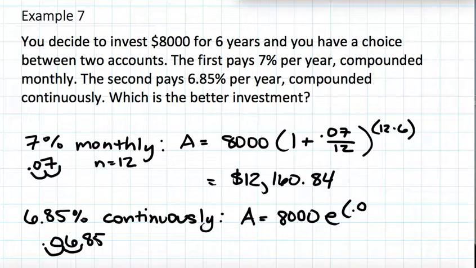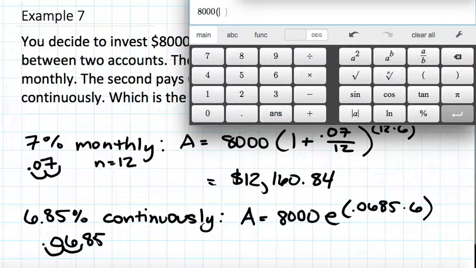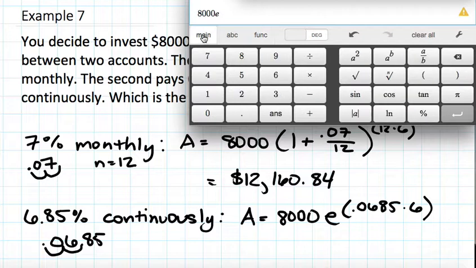So it's 0.0685 times 6. And then use my calculator again. So I'm using the e button here. 0.0685 times 6. So that gives me $12,066.60.